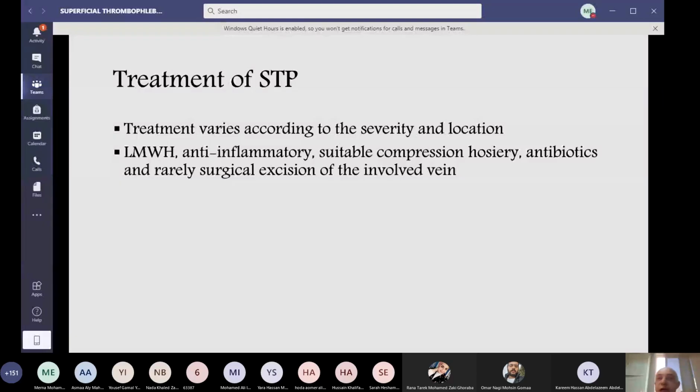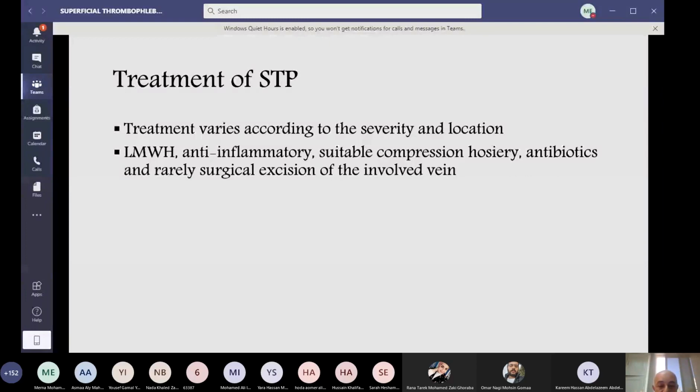This is reserved for rare cases of septic thrombophlebitis, in which there is virulent infection of this vein, and it should be removed at that time. This is a rare encounter in the modern era of strong antibiotics.